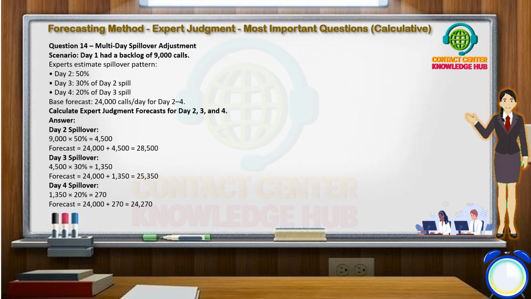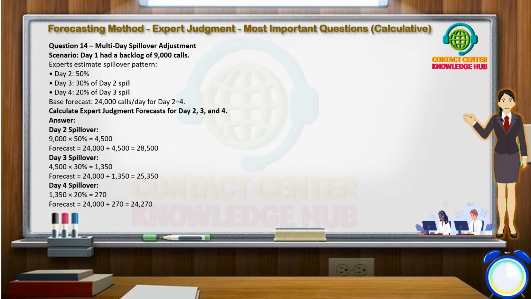So, 9,000 times 0.50 is equal to 4,500 calls. Now add that spillover to the base forecast. 24,000 plus 4,500 equals 28,500 calls. So, day 2 expert judgment forecast is 28,500 calls.